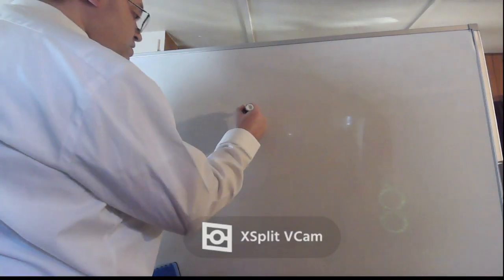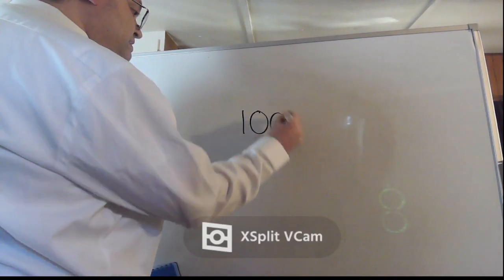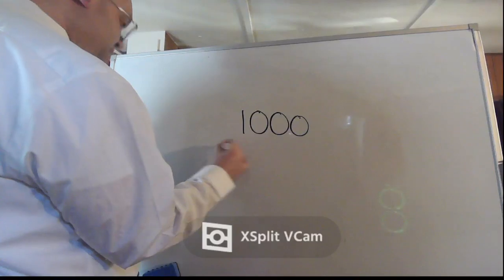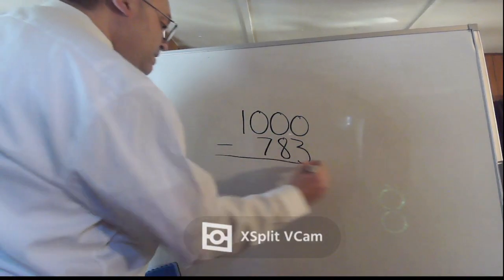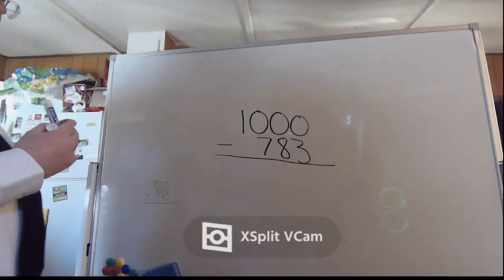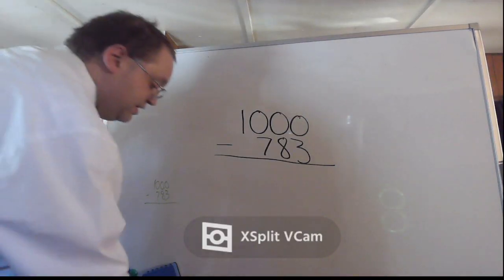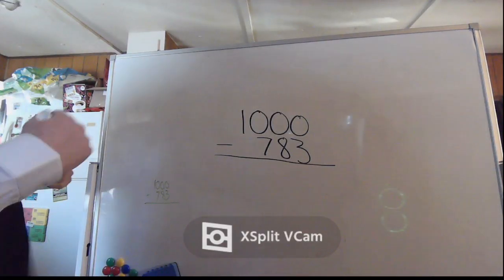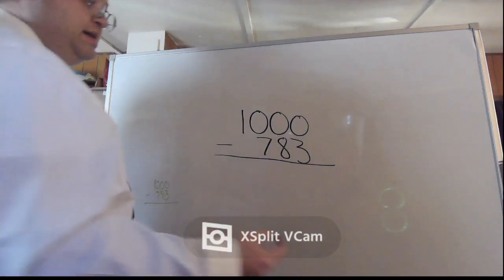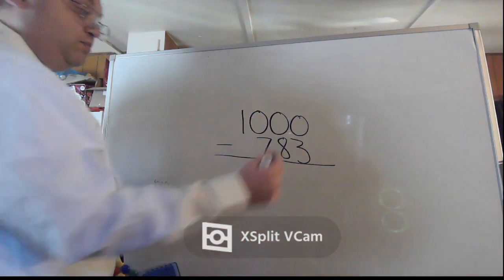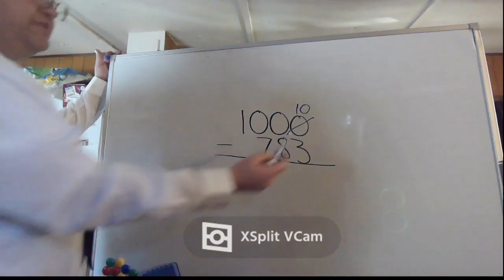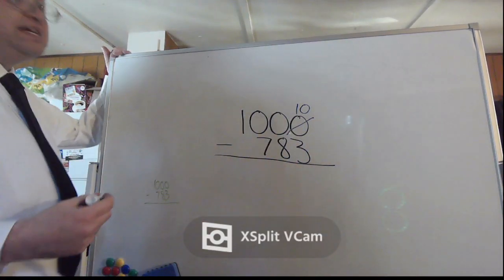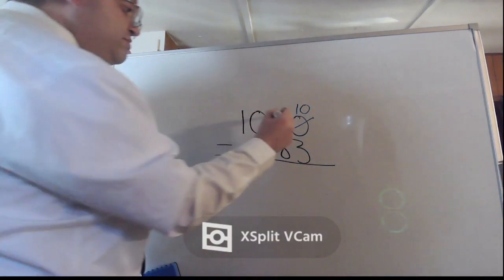Let's do 1,000 minus 783. Again, we have a bunch of zeros that just don't seem to work. So 0 minus 3 doesn't work. We're going to have to make that 0 a 10. Well, we have a 0 next to it. It's kind of hard to borrow from a 0. You would have to make that a 10.